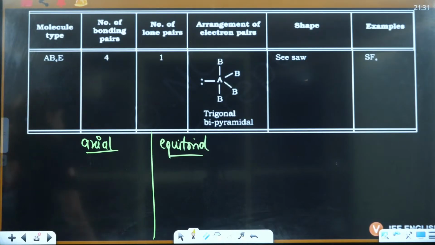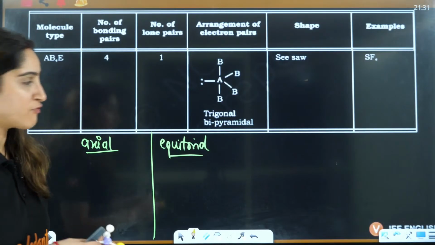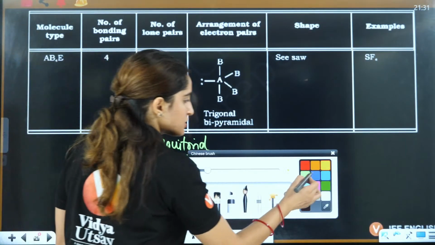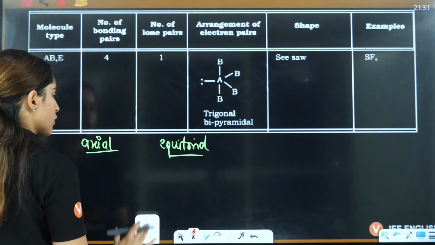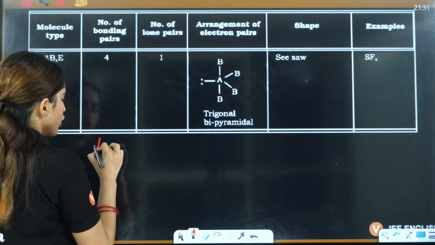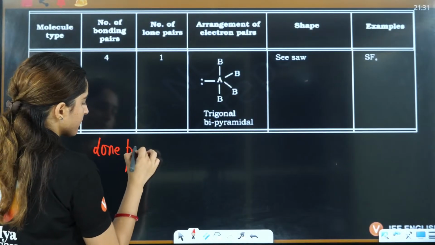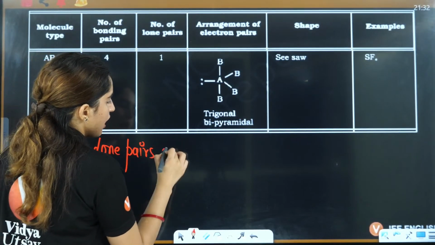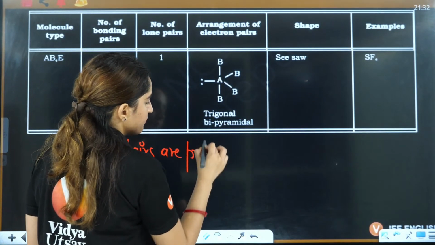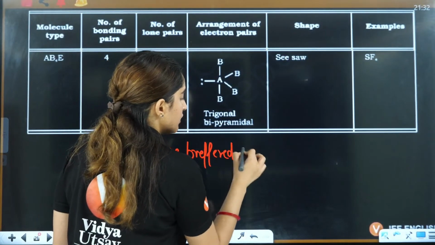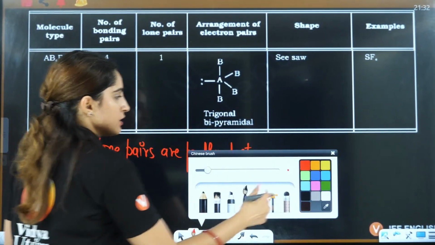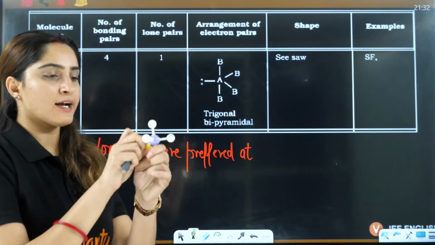So can I say that it will always prefer equatorial positions? If I just write here, lone pairs are preferred at equatorial positions.